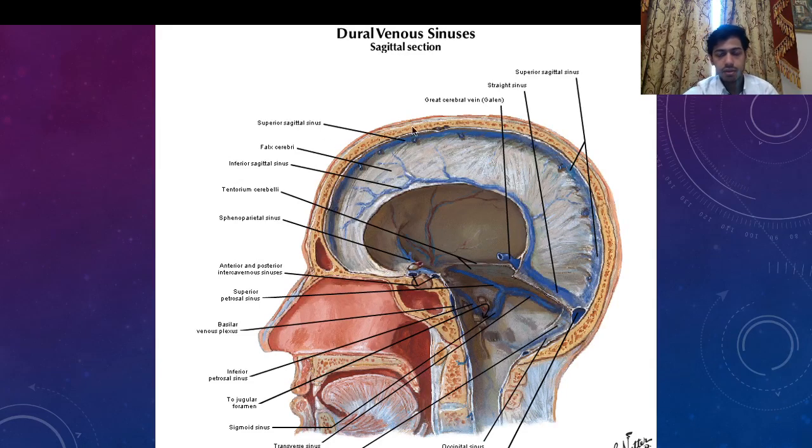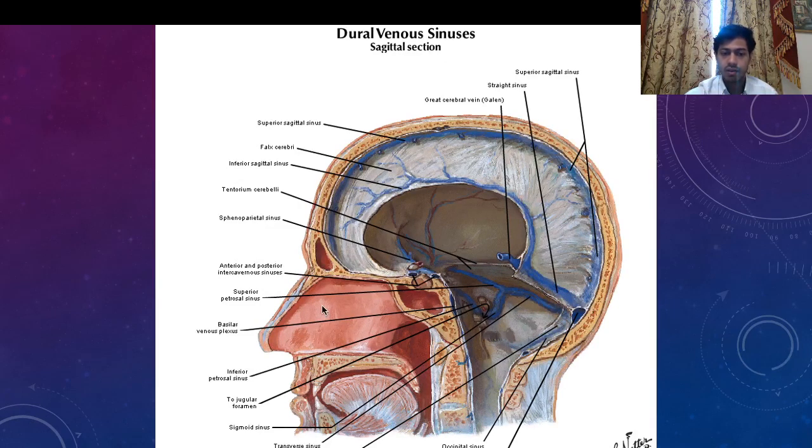So the superior sagittal sinus is in the subarachnoid space, whereas the deep system, which is within the cerebral hemisphere, will drain into the transverse sinus. So you've got the transverse sinus here. The deep structures will either drain into the transverse, the straight sinus, or the sigmoid sinus.